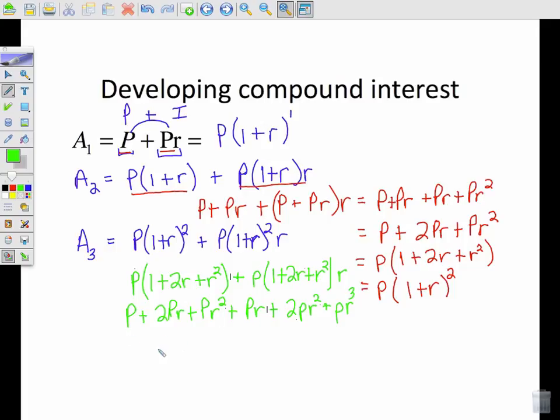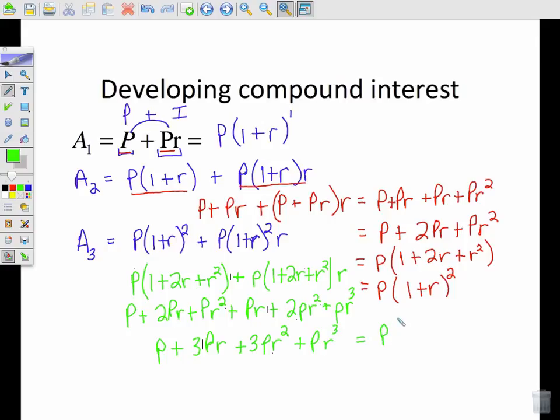Combining all of my like terms, I have a P plus 2PR plus PR is 3PR. And I've got PR squared plus 2PR squared is 3PR squared. And finally, I've got plus PR to the third.